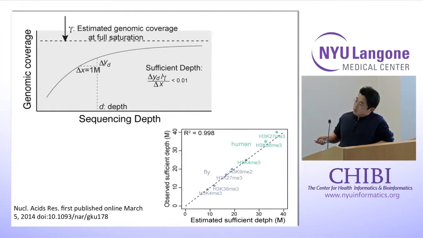For this one, basically you want to see if you increase the number of reads and the gain of coverage is less than 0.01, you will call it a sufficient coverage, a sufficient number of reads that you need. Using this kind of analysis, they predicted the sufficient depths for different markers, and actually this is the result that this paper published.